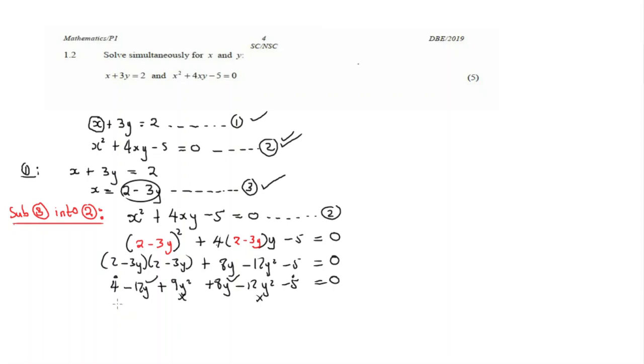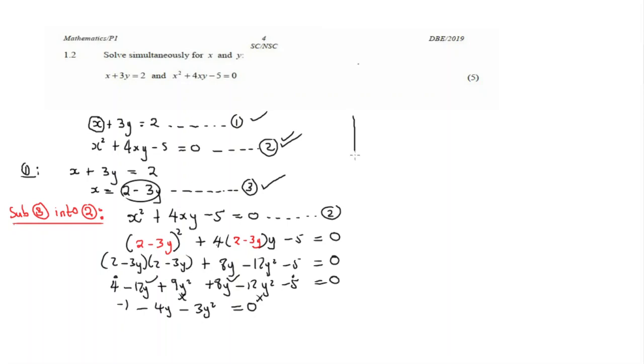So therefore total negative 1, first, negative 12 plus 8 plus 8 minus 2. Okay, it's negative 4y and 9y squared minus 12y, it's negative 3y squared equal to 0.